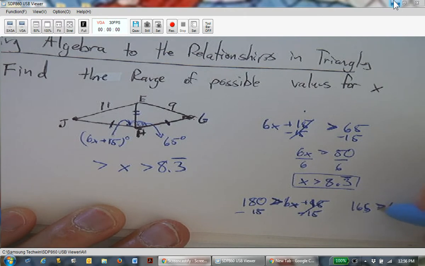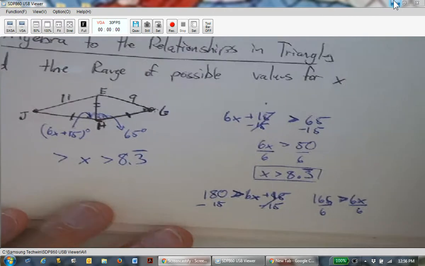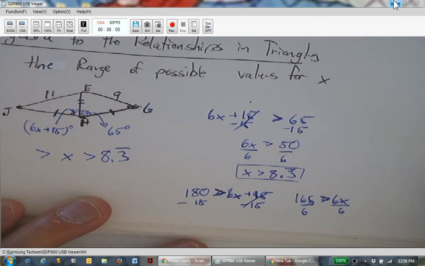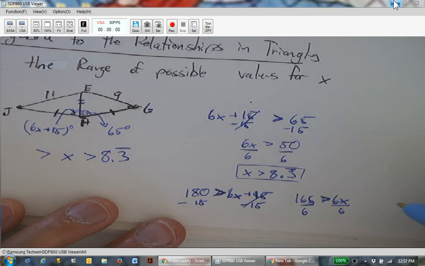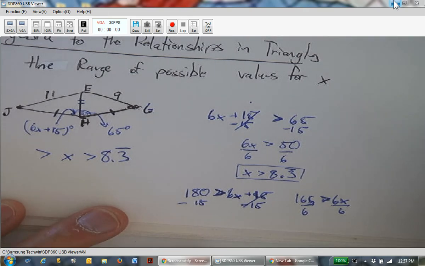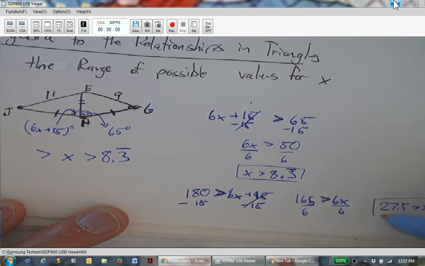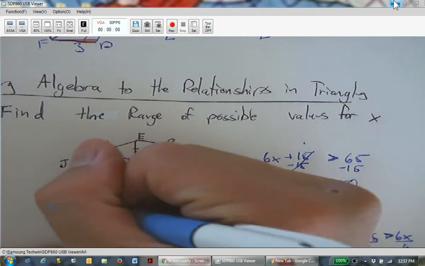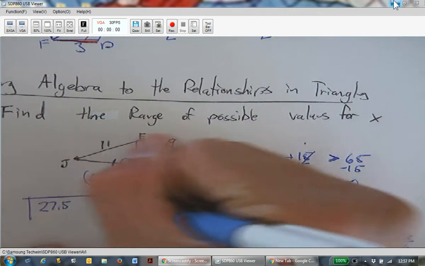Or greater than 6x. We have to divide both sides by 6 now. Now someone can plug in their calculator, 165 divided by 6. 27.5. Yes, 27.5 is greater than x. So this is your final answer.